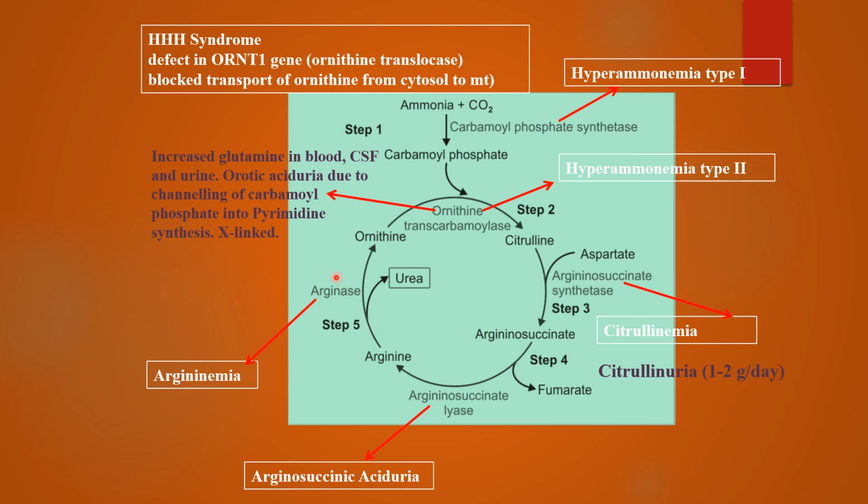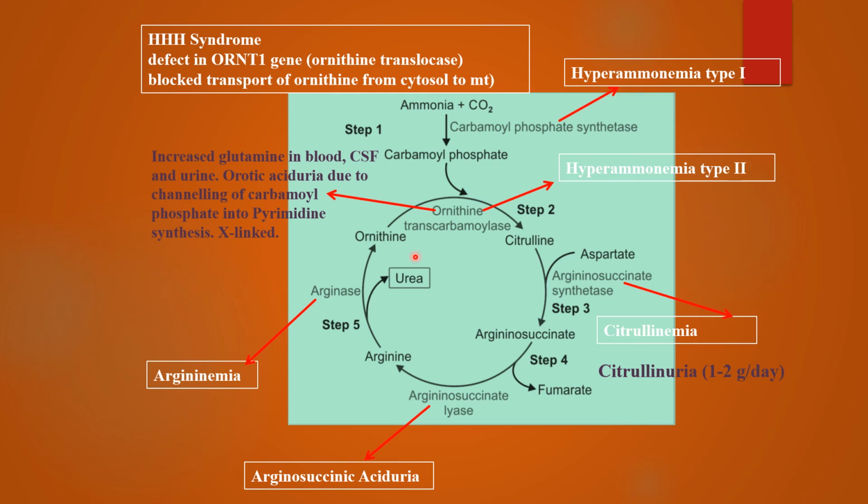And the next disorder is the triple H syndrome. That is actually due to the deficiency of the transporter, which is meant to carry ornithine from the cytoplasm to the mitochondria. So this deficiency is characterized by hyperornithinemia, hyperammonemia, homocitrullinuria syndrome. Ornithine has to be transported into the mitochondria, and citrulline has to come out since the urea cycle is compartmentalized.